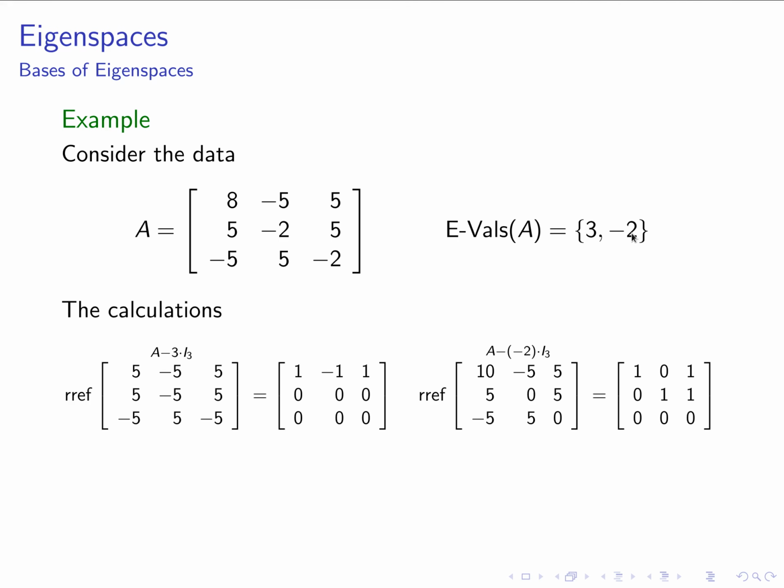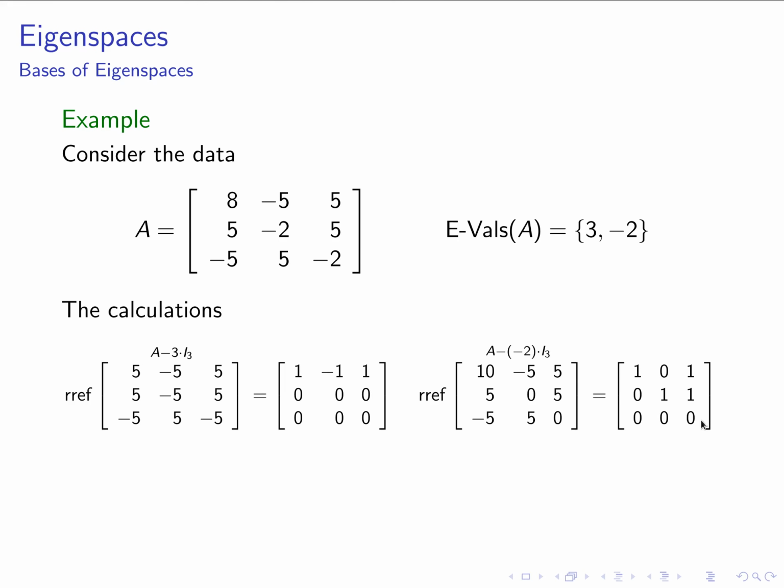For lambda equals -2, well, we want to look at A minus -2 times the identity, which is the same as A plus 2 times the identity. So now we're adding 2 to each diagonal entry. 8 plus 2 is 10, -2 plus 2 is 0, and -2 plus 2 is 0. When we calculate the reduced row echelon form here, we get something a little bit more sophisticated.